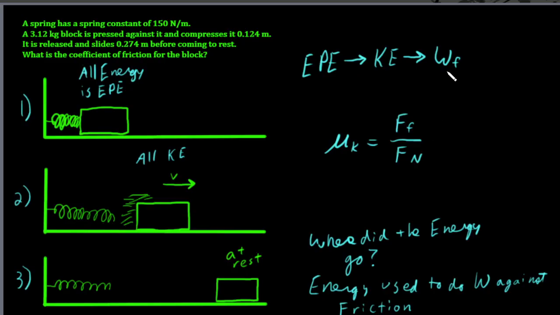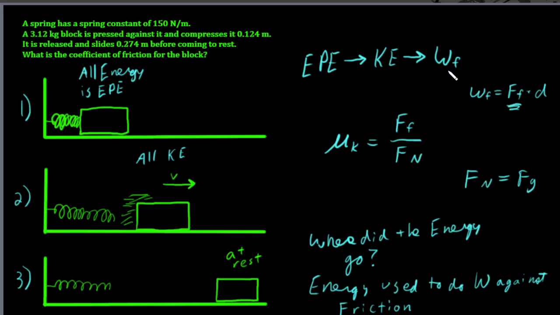If I could find the work done by friction, I know that the work done by friction is equal to the force of friction times the distance that it moves. And so I could find Ff from there, and I could find Fn from the idea that Fn is equal to Fg, since this block is flat on the surface. So we need to find Fg, which will give us Fn, and then we need to find the work done by friction.